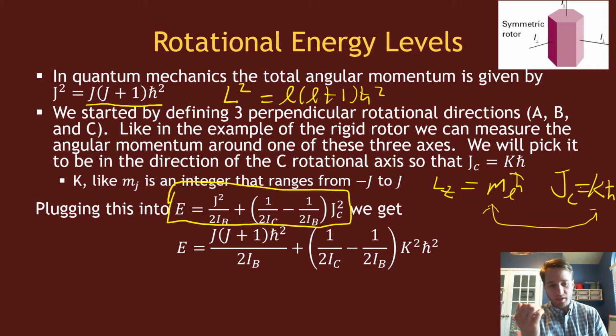L and J go from 0, 1, 2, 3, and so on and so forth. J does the same thing.